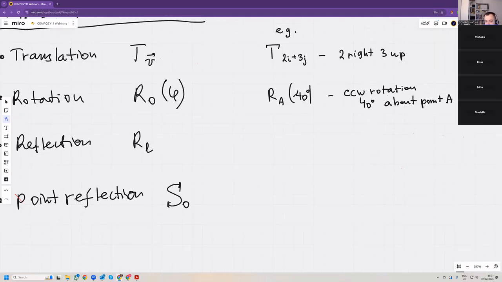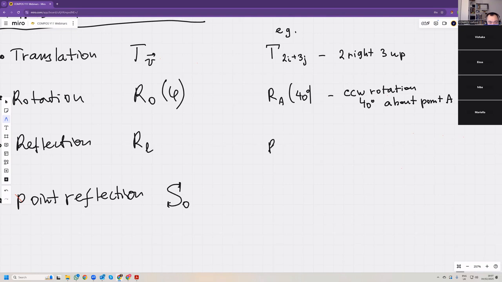Counterclockwise because a positive angle is counterclockwise, negative angles mean clockwise. This is just an agreement between mathematicians around the world that negative angles are clockwise, positive angles counterclockwise.